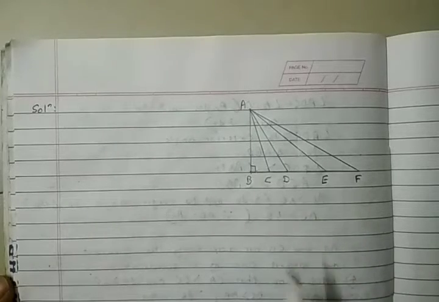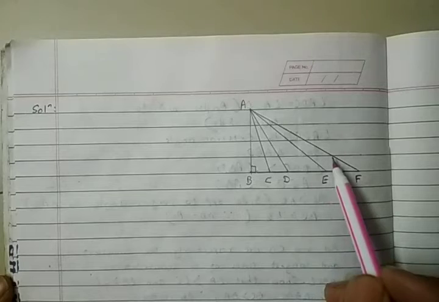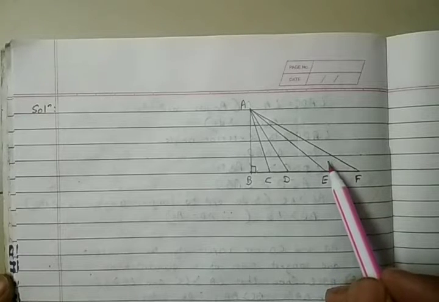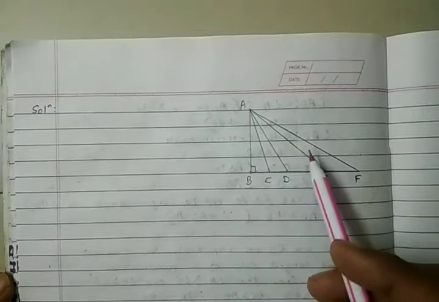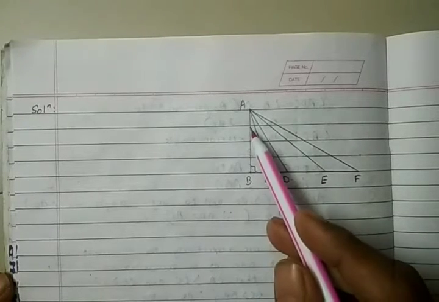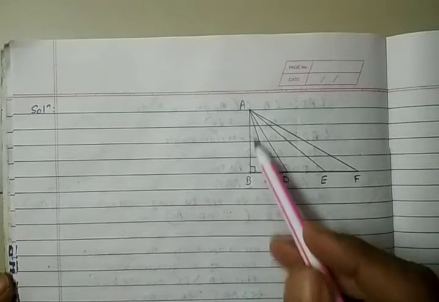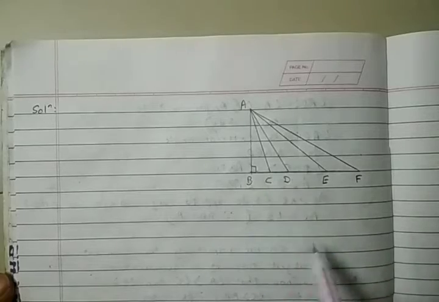See, this is the figure drawn for you, right? We have to show that all these line segments drawn from this given point are greater than AB, and that the perpendicular line segment is the shortest. We have to prove this.